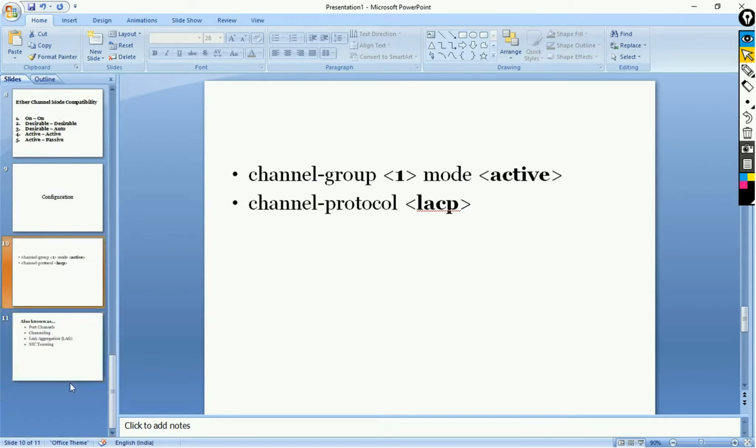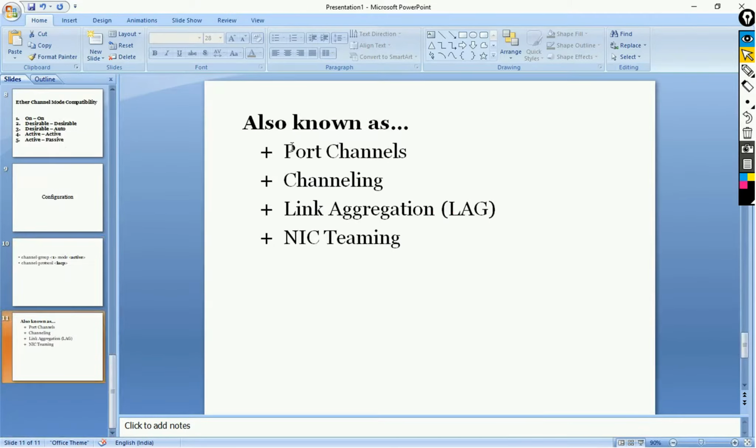And one other detail about EtherChannel is that it's also known by these 4 names. One is port channel, the other is channeling, the other is link aggregation, and NIC teaming. This is exclusive to the server side.